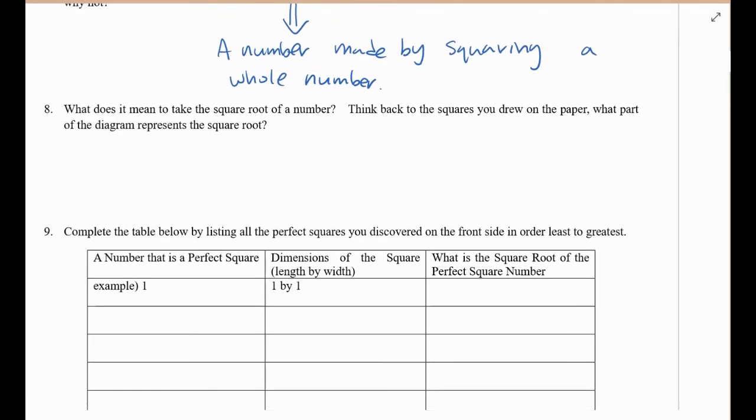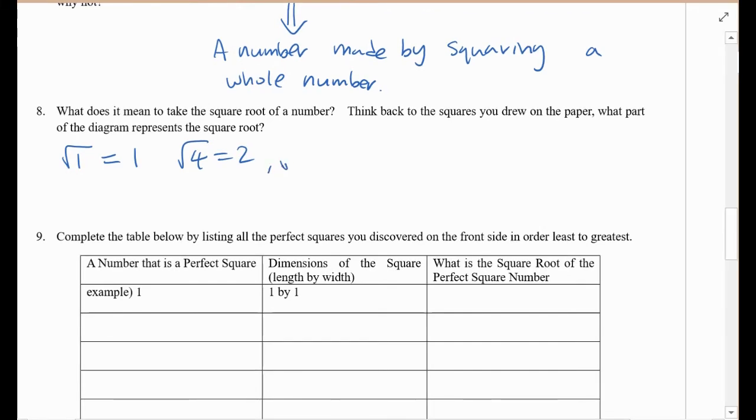So we know square root of 1 is 1, square root of 4 is 2, square root of 9 is 3, and square root of 16 is 4, and square root of 25. What is square root of 25? 5. And what is square root of 36? 6.